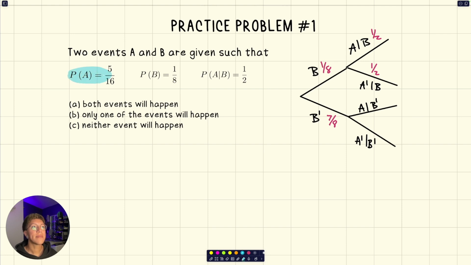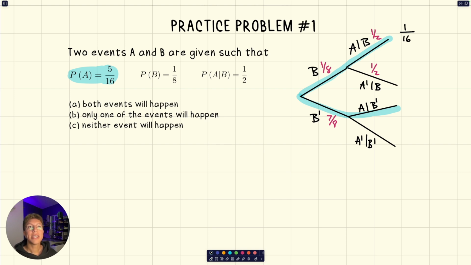This one here, again, is not super obvious where it is, but we have to take this top branch here and also this branch here. Those two will add together to give us 5/16. So what we can say is that this top branch is 1/8 times 1/2. That's 1/16.